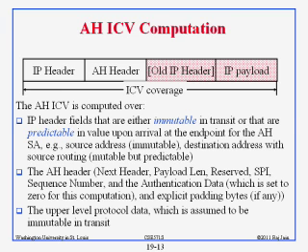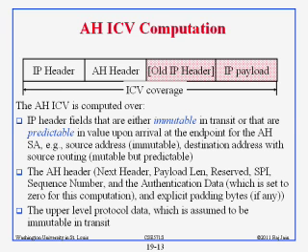So the AH header. Basically these unpredictable values are set to 0. So the AH header, the next header, payload length, reserved, SPI, sequence number, and authentication data is set to 0, as are explicit padding bytes if any. Everything is covered here except that when you compute ICV, at that time you put the ICV value to 0 and compute the ICV and put it in there, and then at the other end, normally things are arranged so that you can just leave it as it is and the ICV will come out to 0.